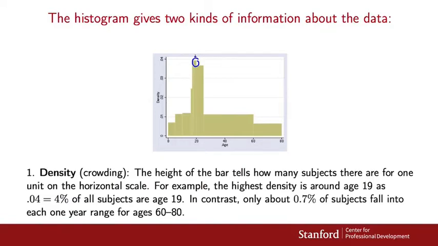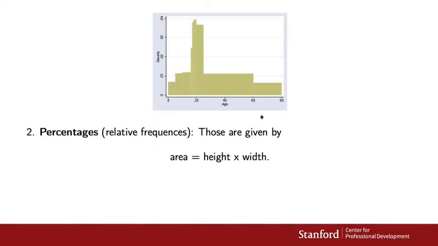And looking at the vertical axis, we see that there are about 4% of all people in that age. In contrast, if we look at the block between 60 and 80, we see that the height of the block is maybe 0.007. That means about 0.7% of the subjects fall into each one-year group in that age range.